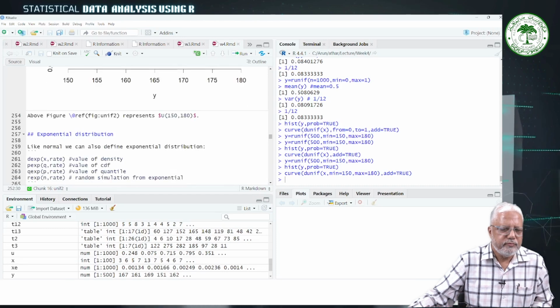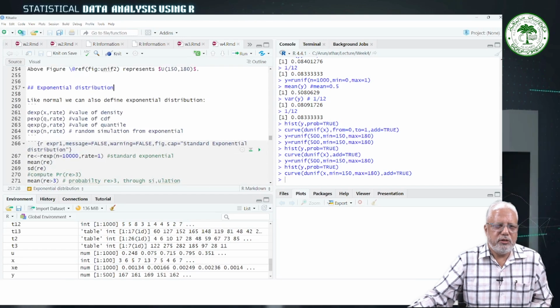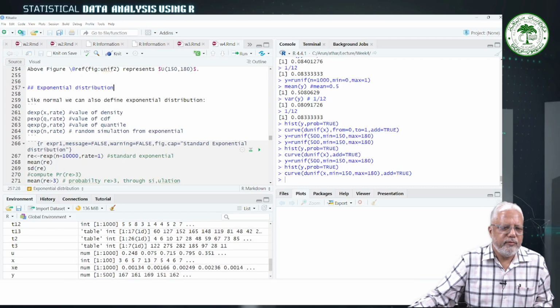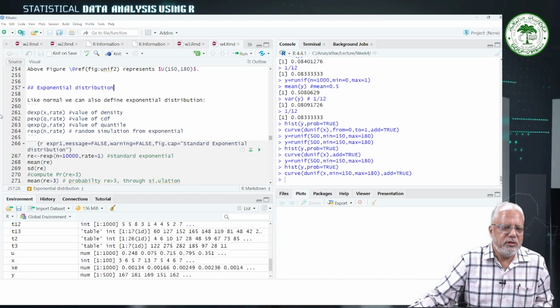Then I am going to talk about exponential distribution. Like normal, we can also define exponential distribution.